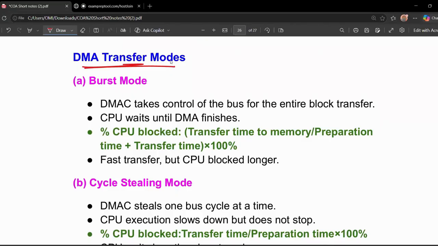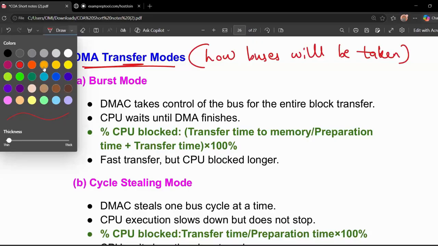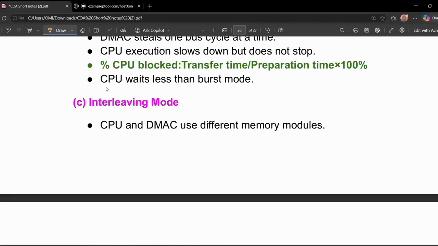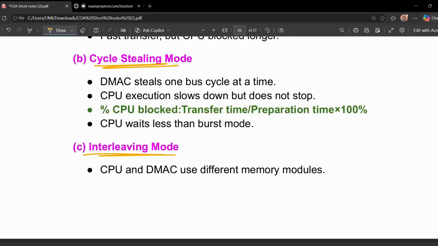This is the transfer mode of how cycles, like how buses will be taken. Based on that, you have three modes. First is burst mode, next is cycle stealing mode, and the last is interleaving mode.